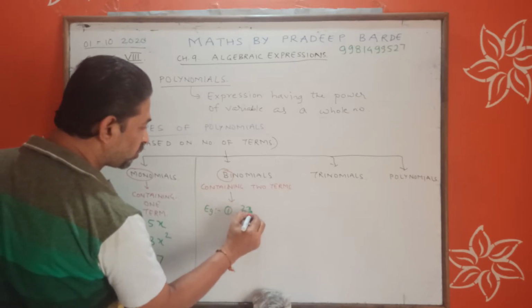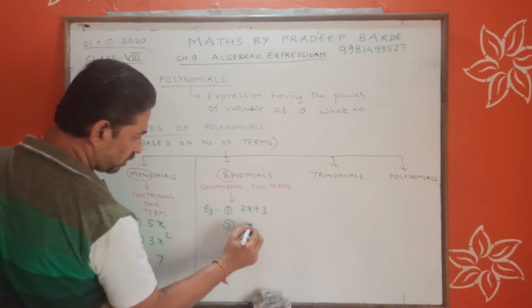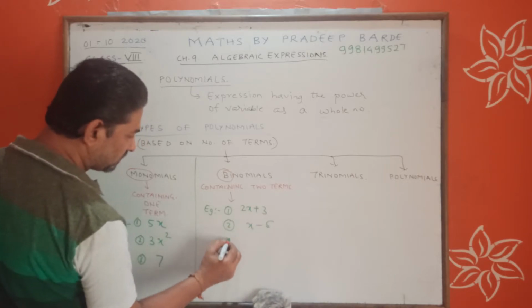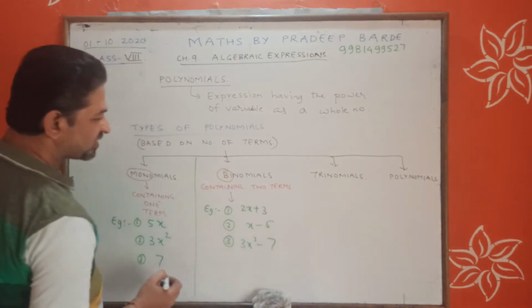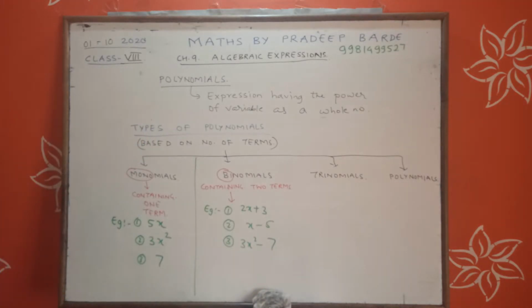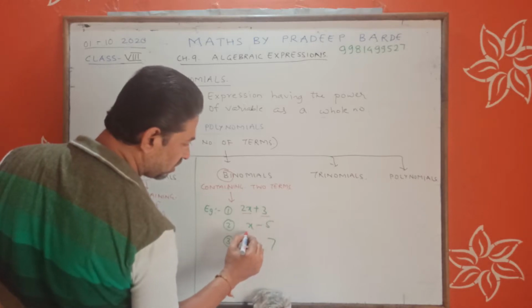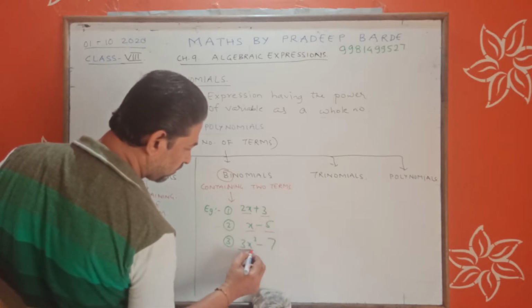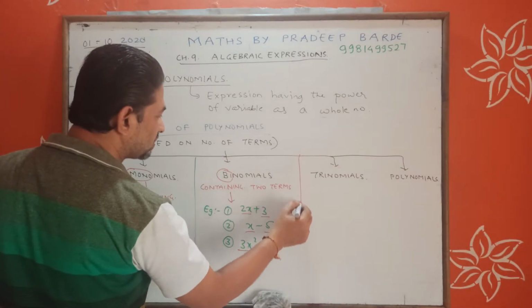If we have 2x plus 3, x minus 5, 3x square minus 7. All these expressions contain 2 terms. First term, second term, first term, second term, first term, second term. So therefore these are known as binomials.